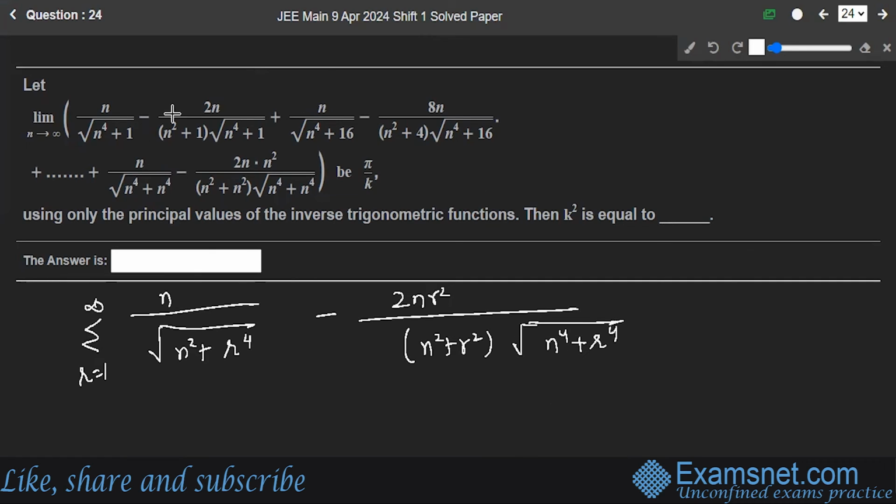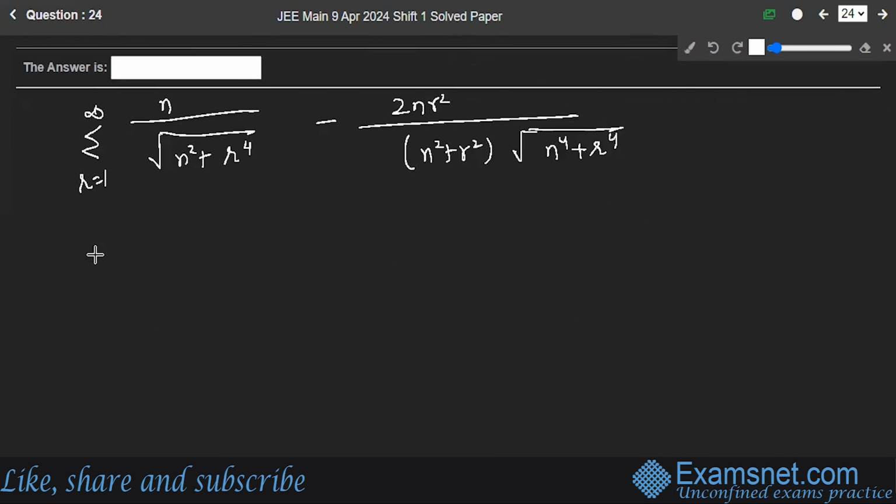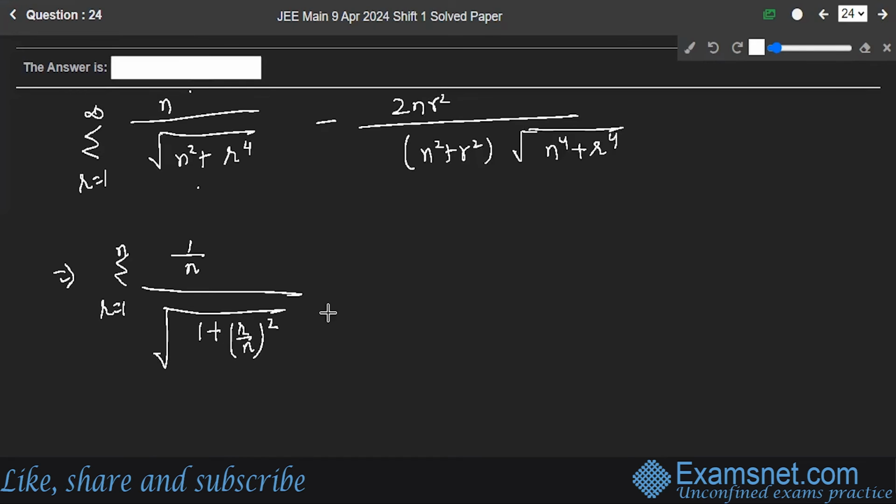This is a general term for this minus this expression, so the summation is from r = 1 till n. Dividing the numerator and the denominator by n², you will have (1/n)/(1 + (r/n)²) minus 2 into (1/n)(r²/n).